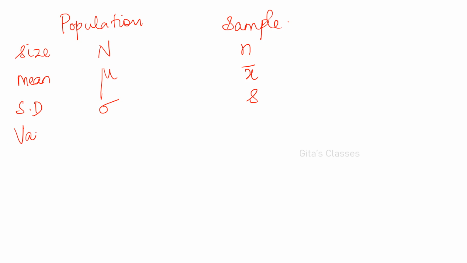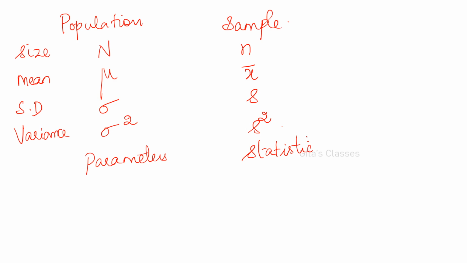The variance is sigma squared, and for the sample it is small s squared. In a large population, if sigma is unknown, you can replace it by small s. These are called population parameters and sample statistics.